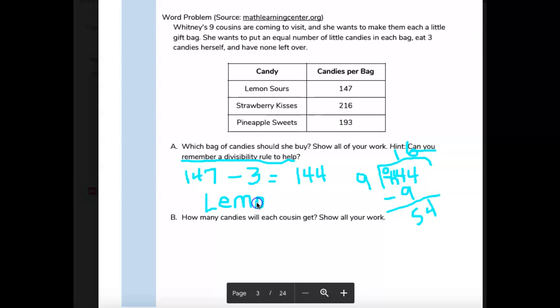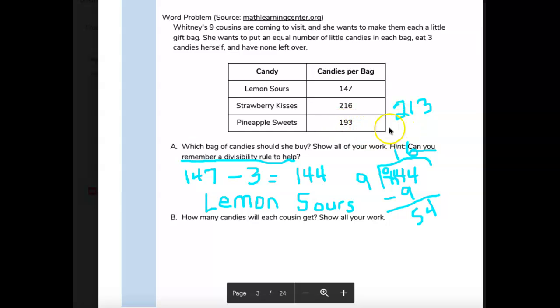Lemon sours. And if you want to go through to check that and take these numbers and divide, take out 3, that would be 213. But you can see that 9 won't go into 213 because the divisibility rule is that these have to add up to a number that's divided by 9. 3 plus 1 is 4, 4 plus 2 is 6. 9 won't go into 6 evenly.